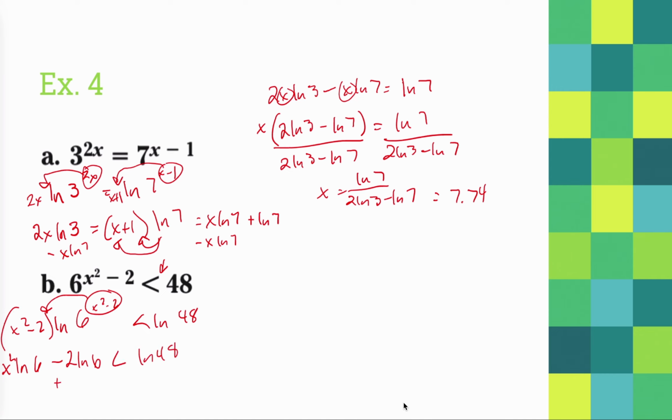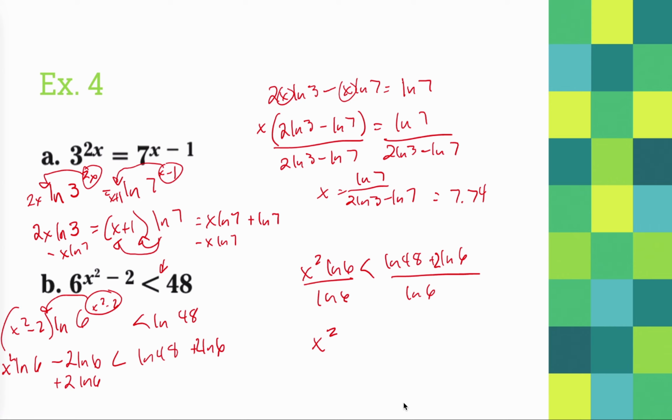Go ahead and add the 2 ln 6 to both sides. So x squared ln 6 is less than ln 48 plus 2 ln 6 there. Divide by ln 6.